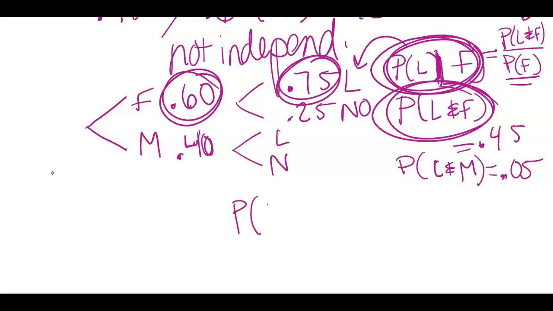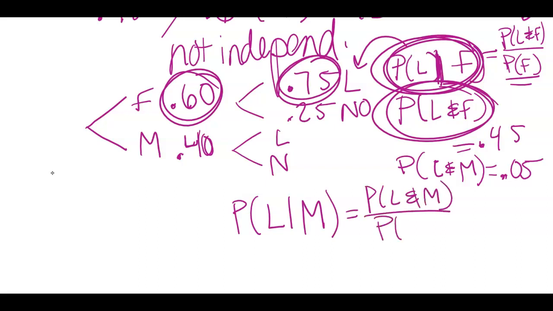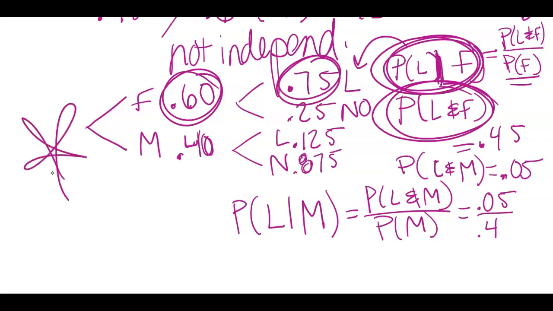So if I need to find the probability of long given male, I know that that's the and probability over male, or 0.05 over 0.4. Gives me 0.125, and then I can go ahead and just subtract that from 1 to find this piece right here. And then that gives us a full complete picture.